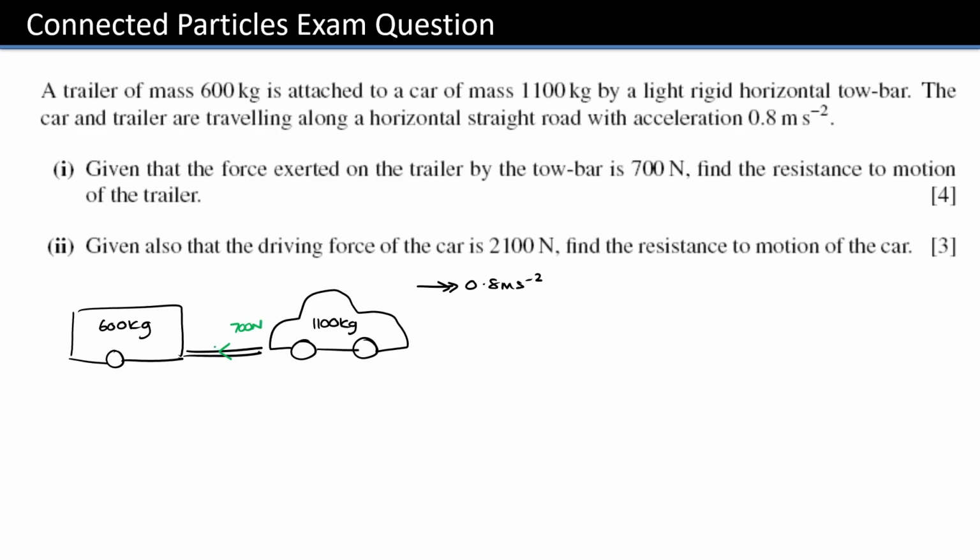And because it's rigid, it means that we also have a force going in this direction, which is also 700 newtons. Let's just color code that. And what the question is asking me is to find the resistance force, which I'm just going to label as RF1. So for part 1, I'm finding RF1.